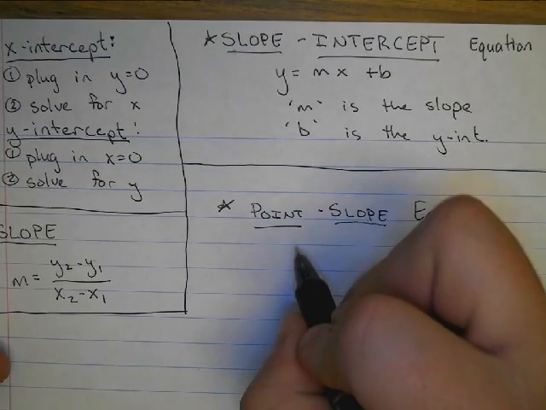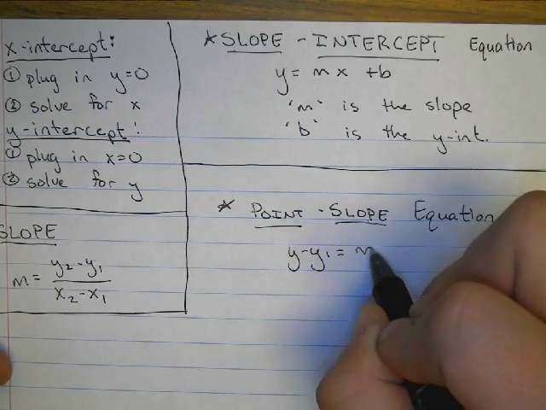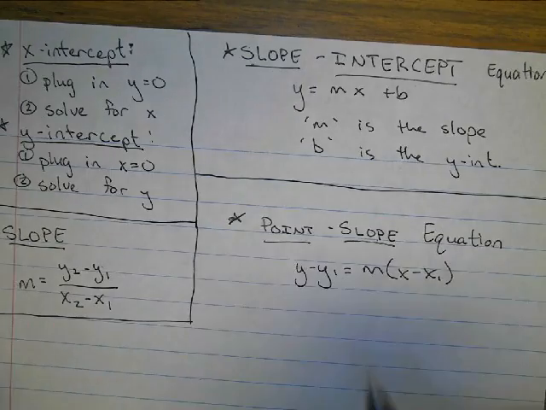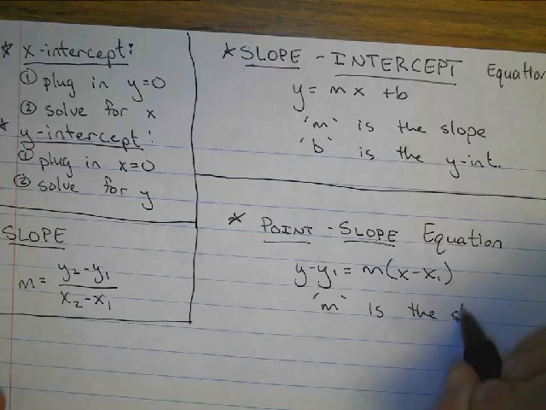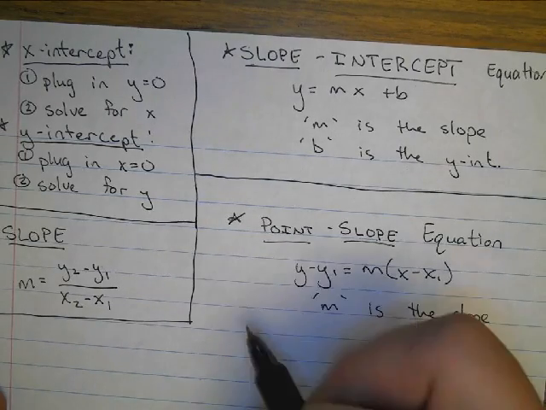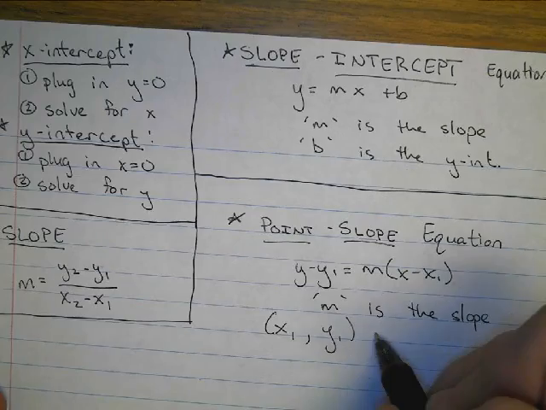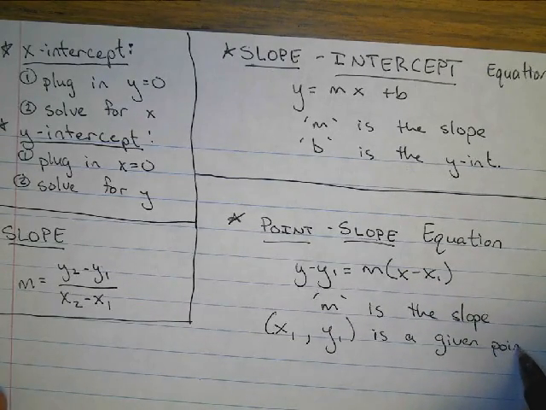So we would use the equation y minus y1 equals m times x minus x1, where m is the slope and x1 comma y1 is a given point.